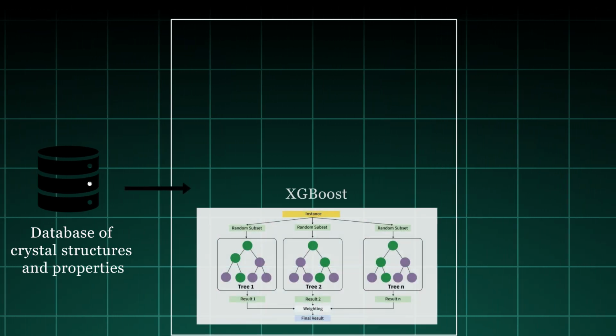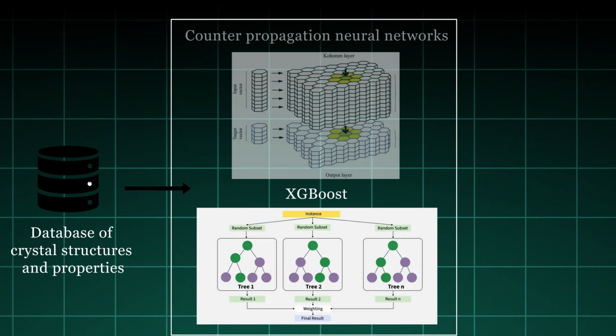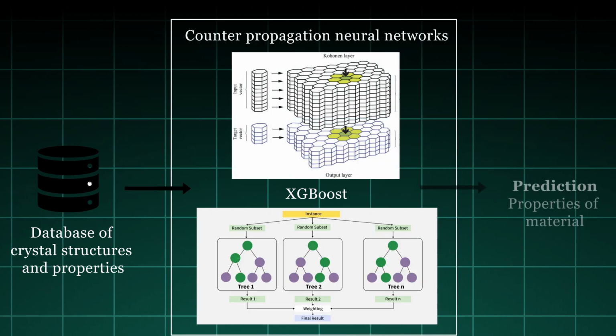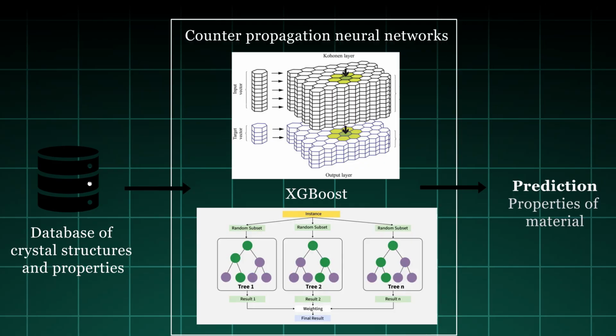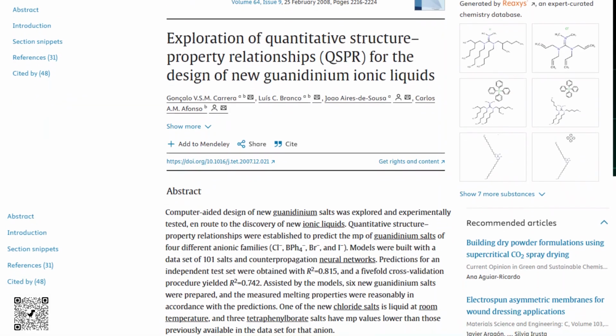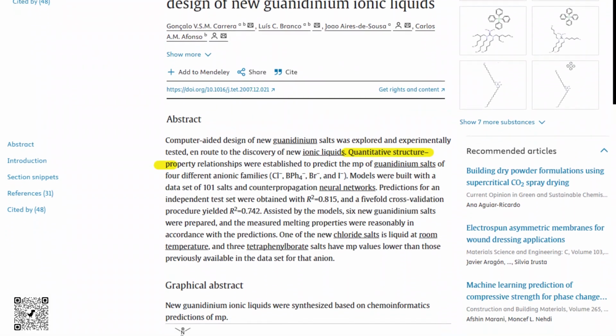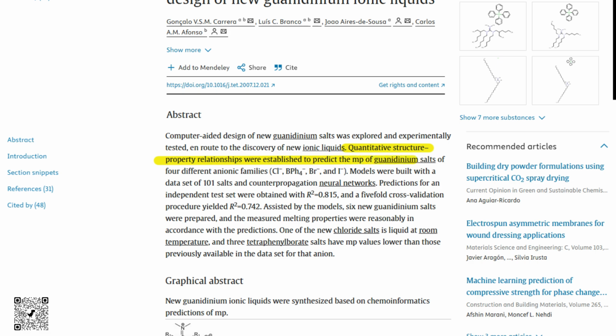Algorithms like XGBoost or counter-propagation neural networks can then predict the properties of theoretical materials before we ever synthesize them. For example, researchers used machine learning to predict the melting points of guanidinium-based ionic liquids, a crucial electrolyte class, with high precision, identifying 6 new salts that were later experimentally verified.